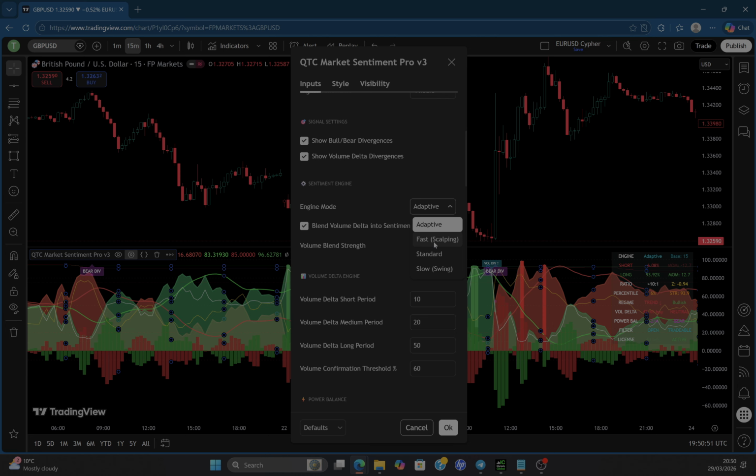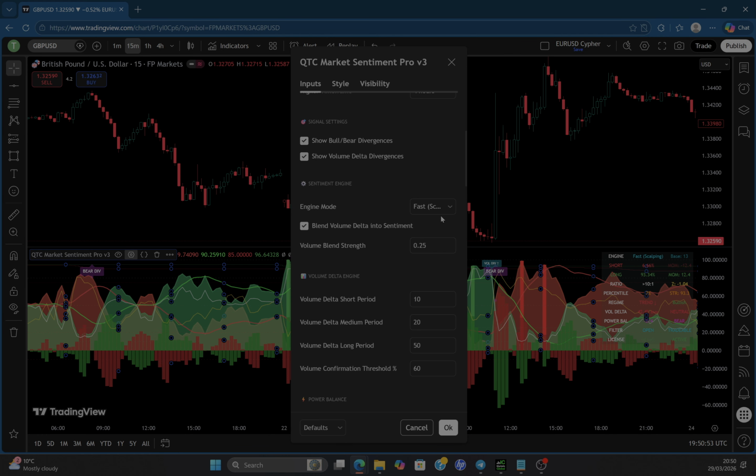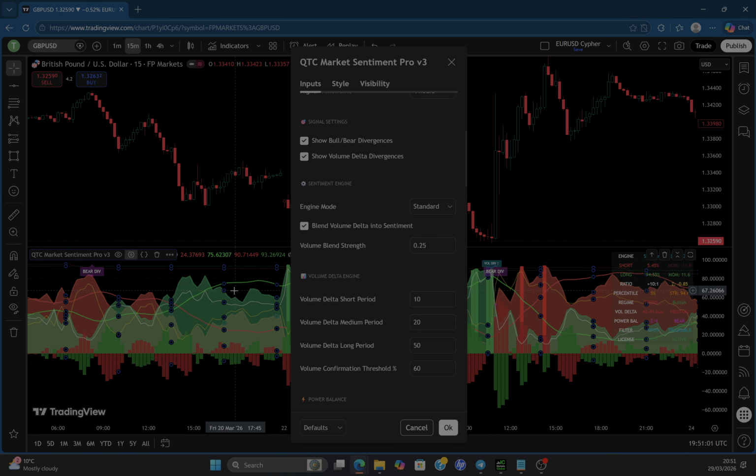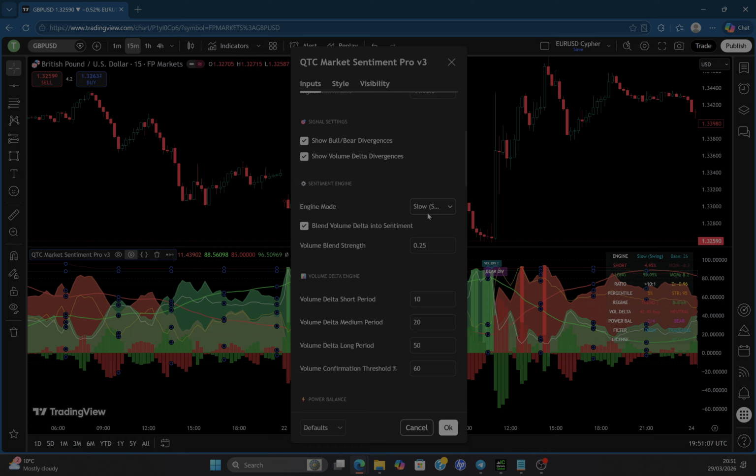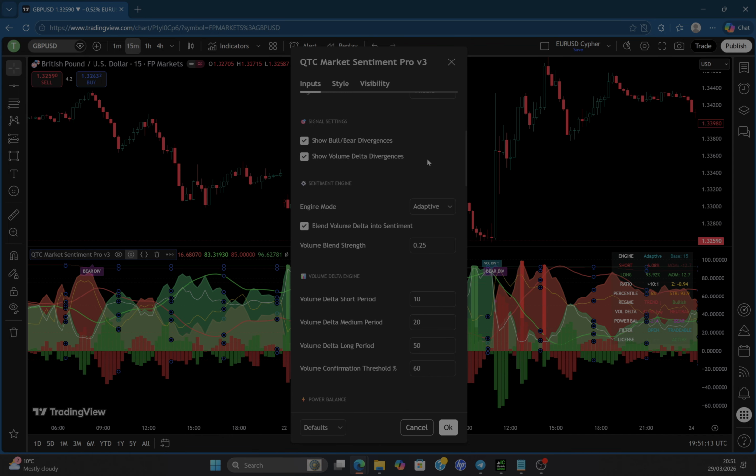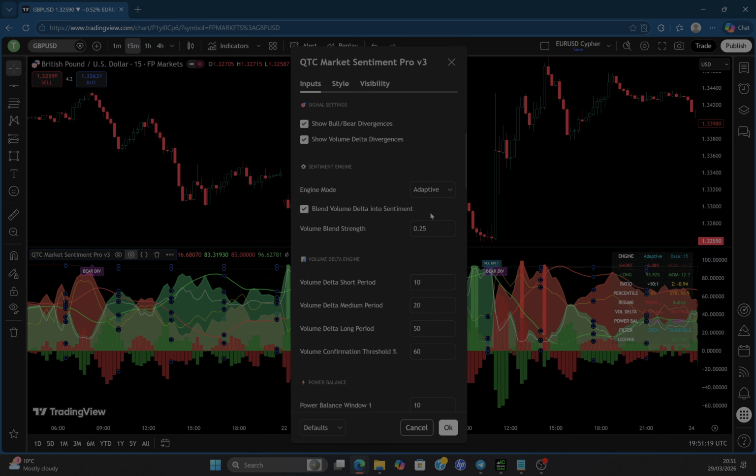Or if you are scalping, you can select scalper mode, which is a lot faster, or you want standard sentiment data. Or even if you are a swing trader, you can select swing mode. I prefer the adaptive, but it depends on your trading style. You can go with the other modes.